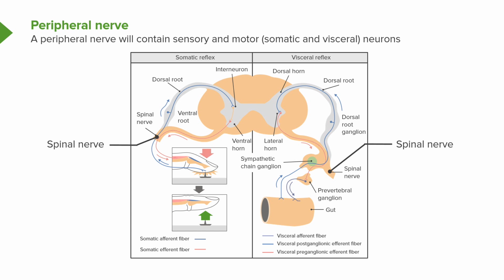In sympathetic pathways, the postganglionic cell is always located in either of these two ganglia, close to the spinal cord.